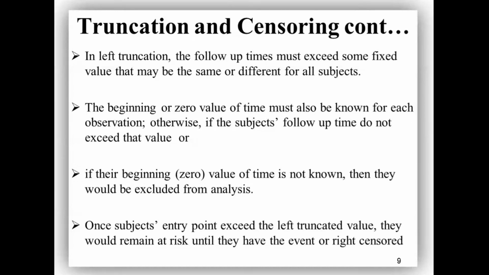If you don't know the survival time, you can do nothing with such data. It's not an easy task. Once a subject's entry point exceeds the left truncated value, they remain at risk until they have the event or are right censored.